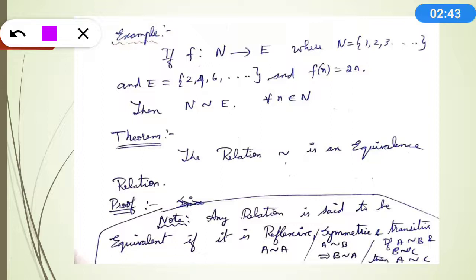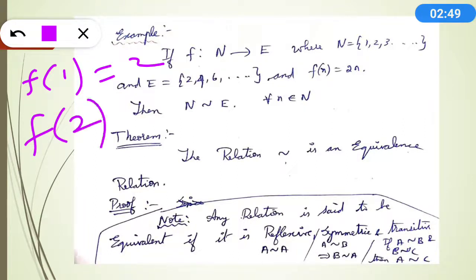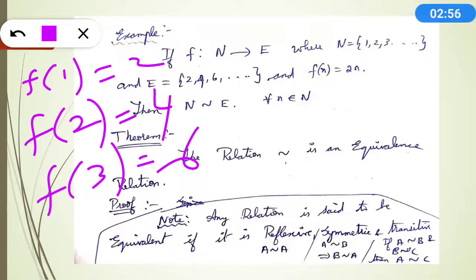Let me explain this in further detail. If I put n is equal to 1, I will get f of 1 as 2. If I put n is equal to 2, my value will be 4. If I put n is equal to 3, my value will be 6. So 1, 2, 3 are natural numbers, and 2, 4, 6 are even numbers.